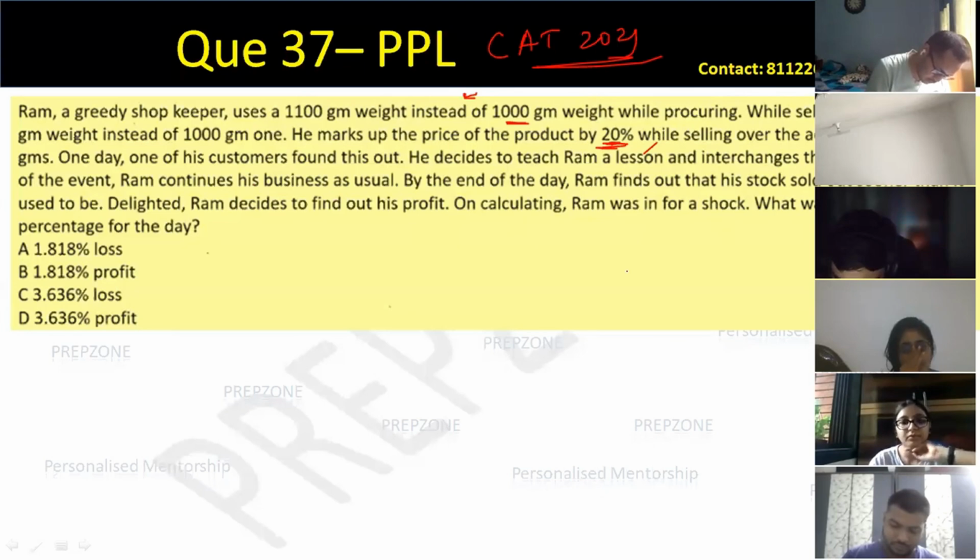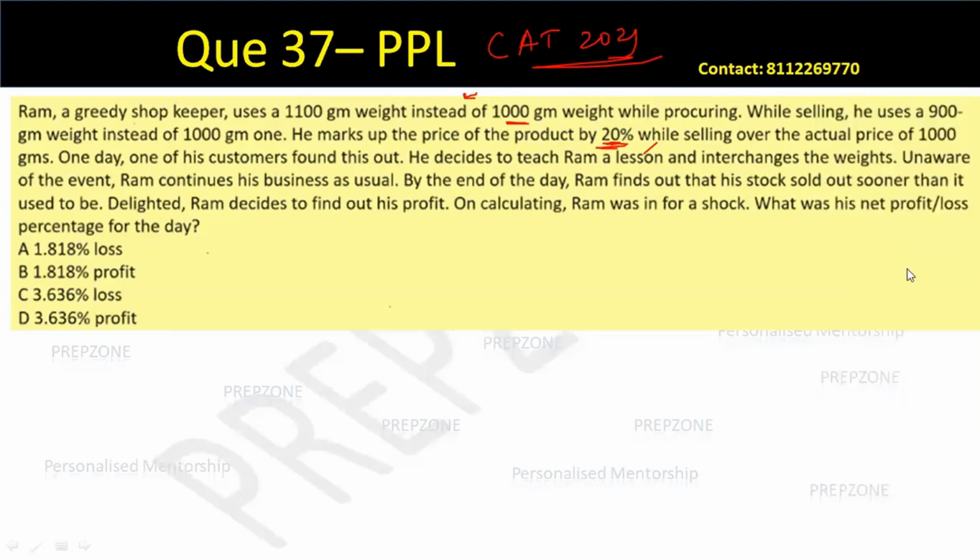Okay, so when we say they interchanged the weights, what is now happening is when Ram is actually procuring 1000 gram of content, initially there was a 1100 gram weight here, but now customers have changed. They have put a 900 gram weight here and a 1100 gram weight at the time of selling.